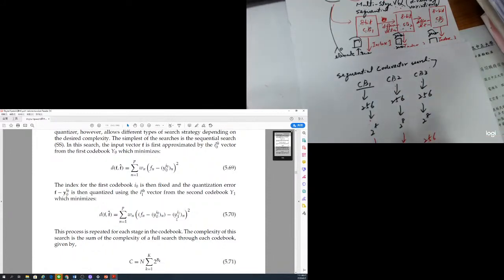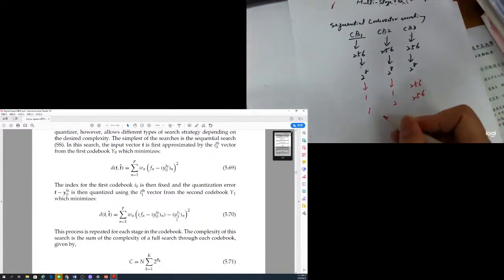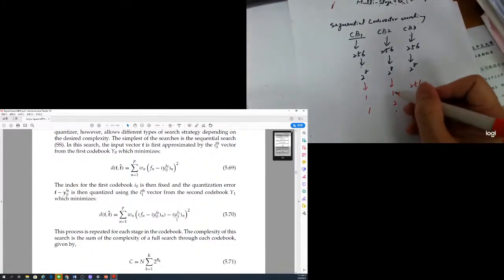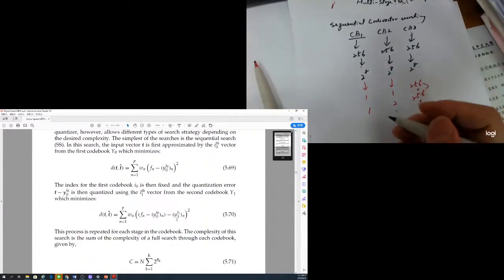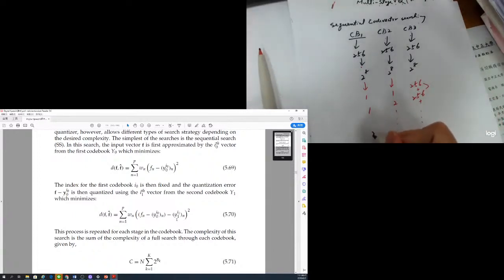So the total codebook search combination will be, say, 2 power 24.